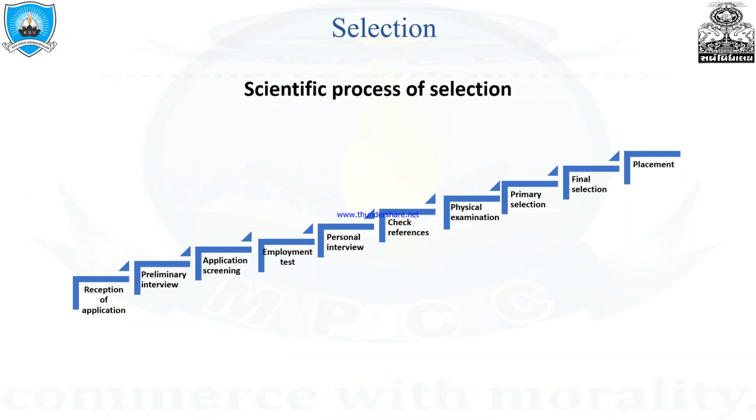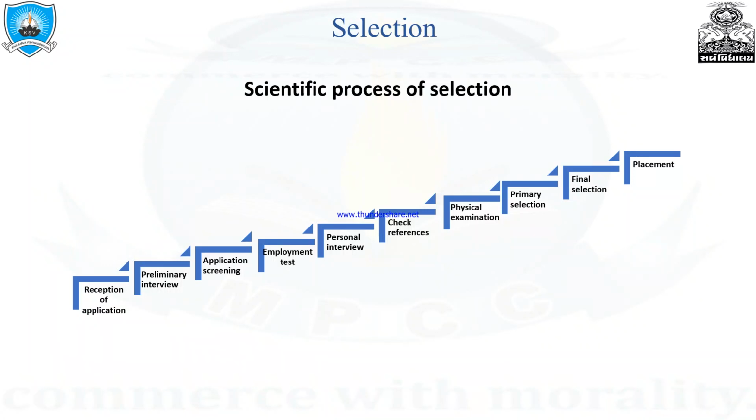Then, the last step, placement of employees. The last step in the selection process is placement. This means the right person should be given the right job. He or she is introduced to their job, department, policy, objective, co-workers and the motive of the organization.